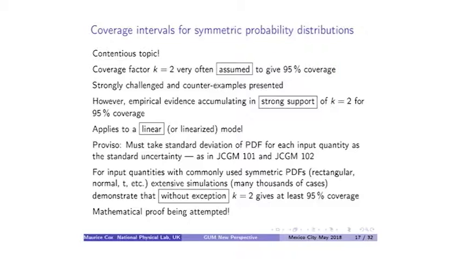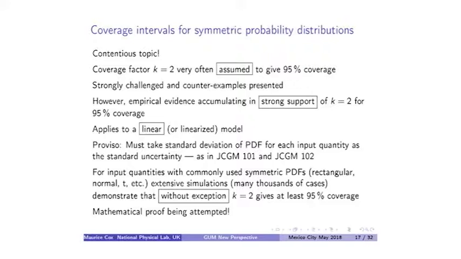It doesn't always work. However, a colleague in Denmark and I have obtained a very large amount of empirical evidence accumulating in strong support of k equals 2 giving 95% coverage. This statement applies to a linear or a linearized model, as in the GUM, and it applies where we take the standard deviation of the PDF for each input quantity as a standard uncertainty.